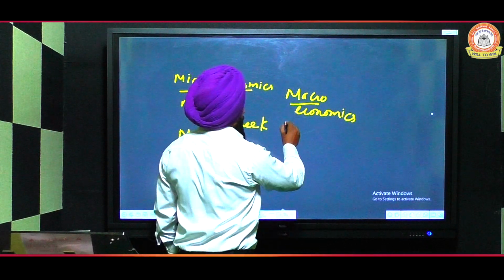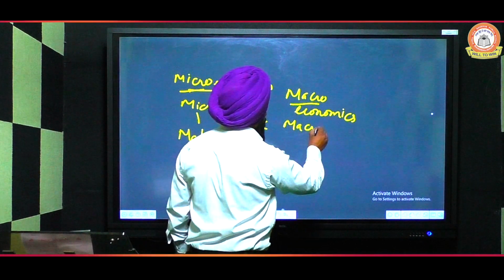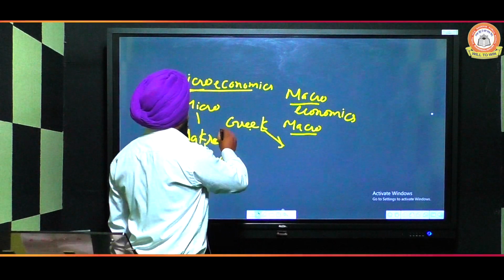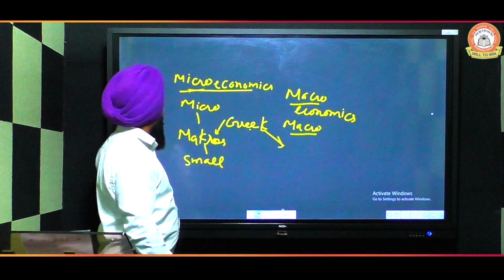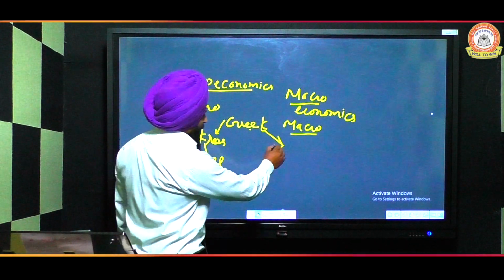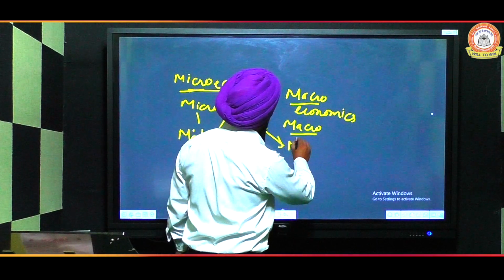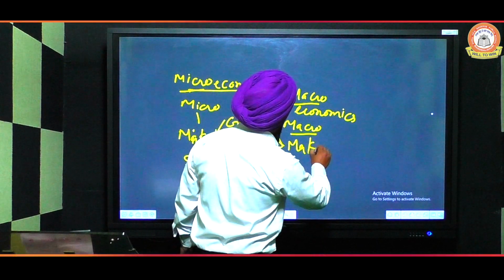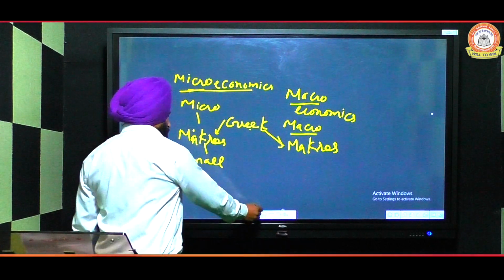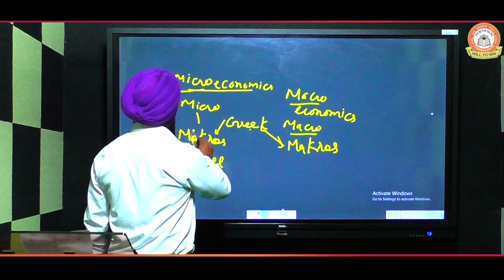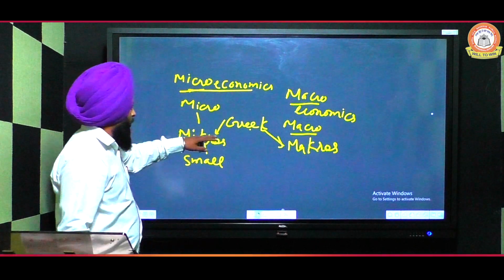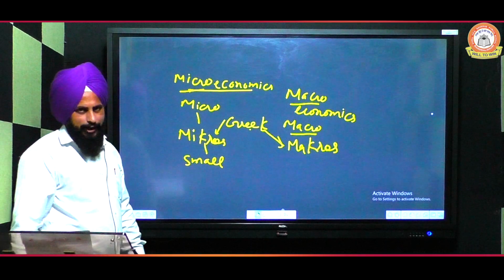this word macro also came from the Greek language. This macro word came from makros, while the word micro also came from the Greek language.